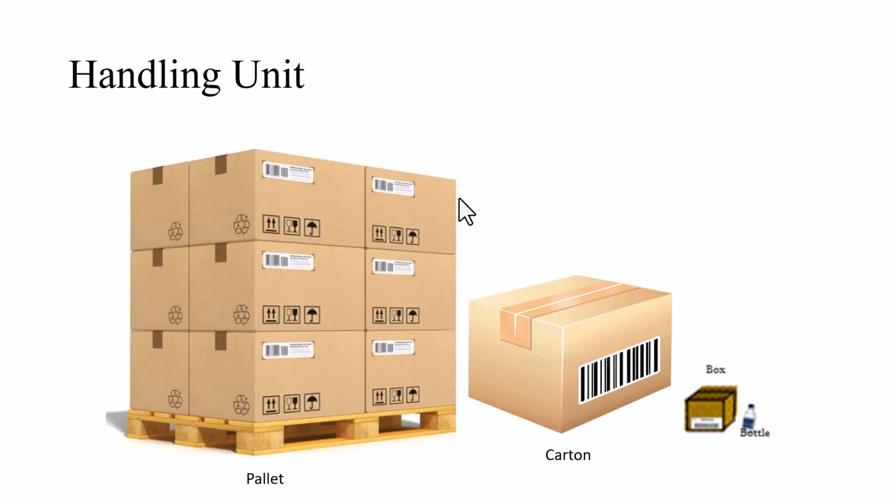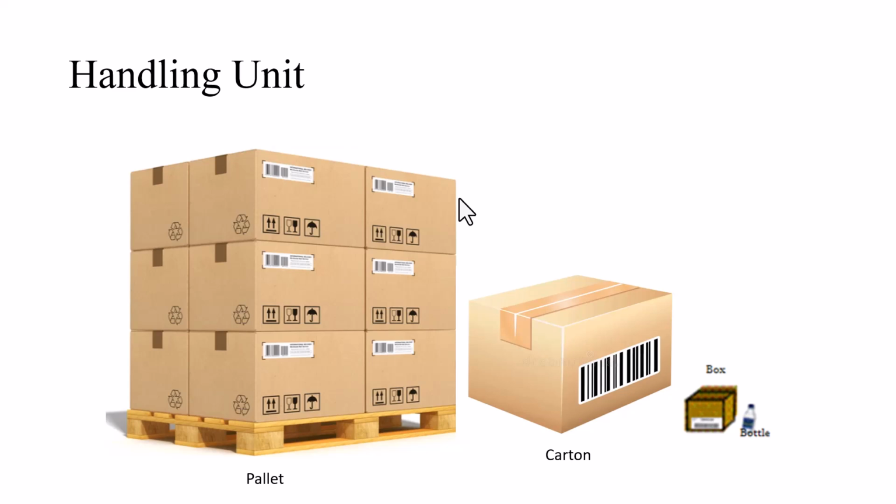If the entire pallet has one barcode at the higher level, and at the lower level each carton has its own barcode, it means at the higher, pallet level there is one handling unit, and at the carton level there are other small handling units. This kind of concept is called nested handling units in the warehouse.